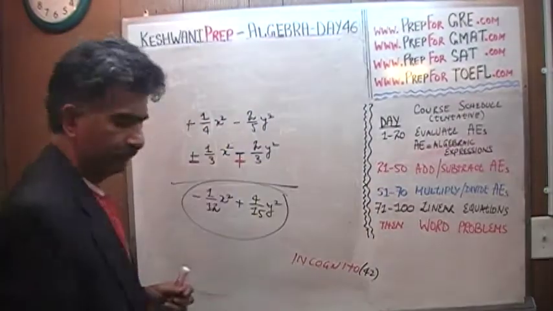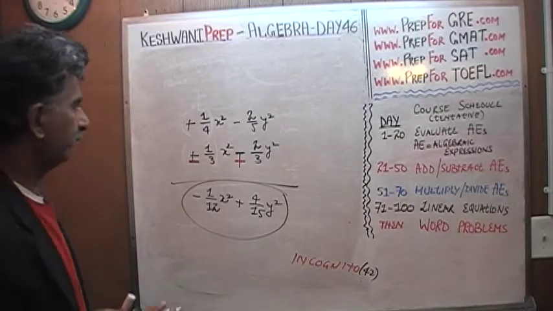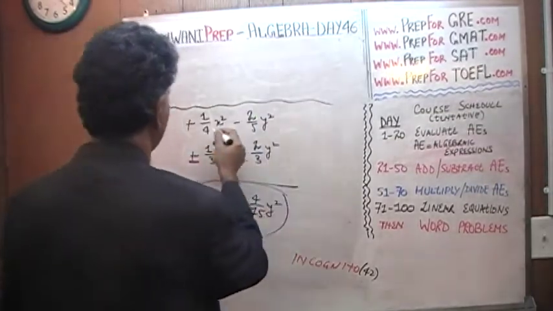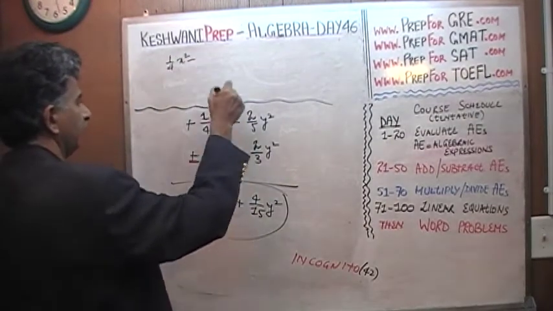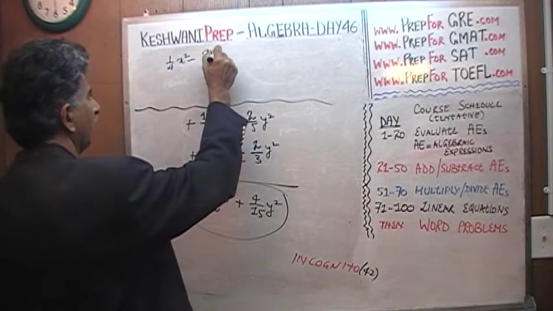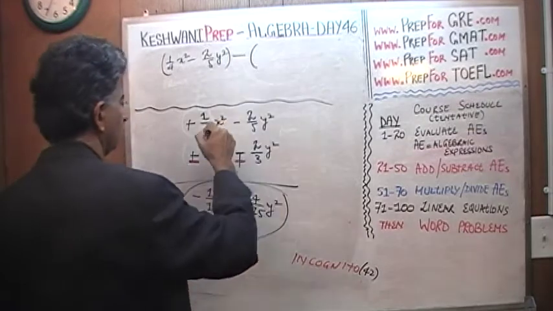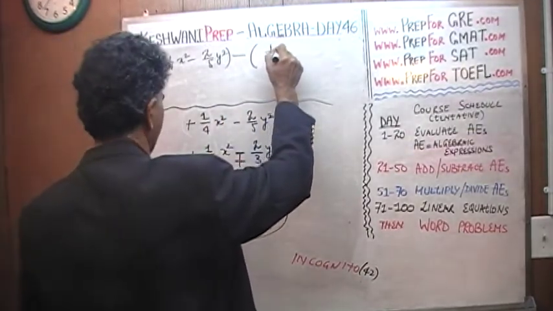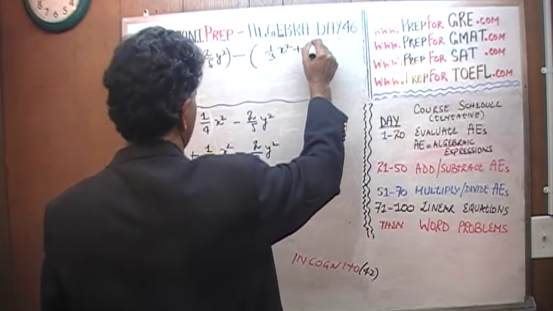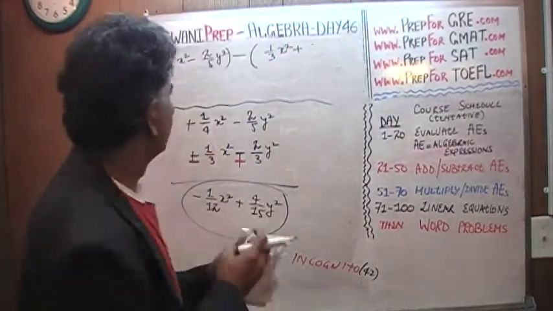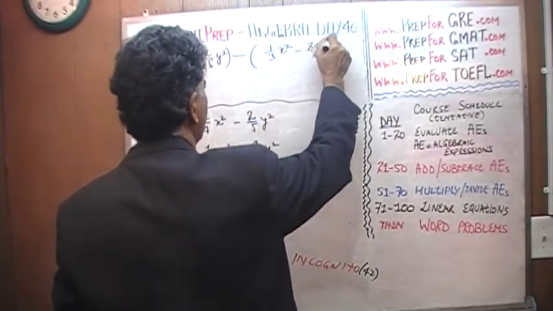Now, instead of doing it this way, a little bit more grown-up method would be something like this. Watch what happens. You take your expression here, 1/4 x squared minus 2/5 y squared, and from it we subtract 1/3 x squared, rather minus 2/3 y squared.